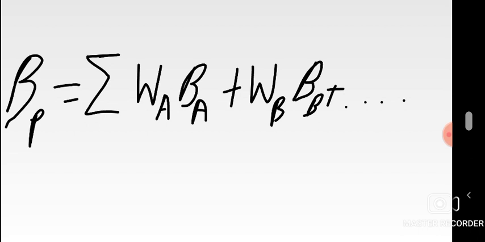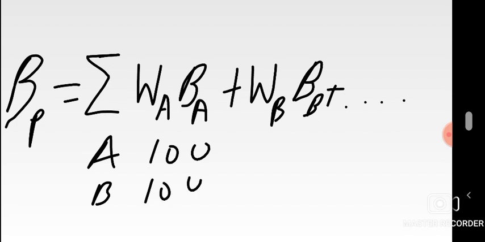How do you get weights? If you have been given how much each investment is costing, like for example, they told us that stock A is 100, stock B is 100. If you rewind the video, you find, okay, how do you get weight? For example, for A, weight is just the fraction that that particular investment has in the total investment. Let's look below the screen there. We said A might have 100, B has 100.